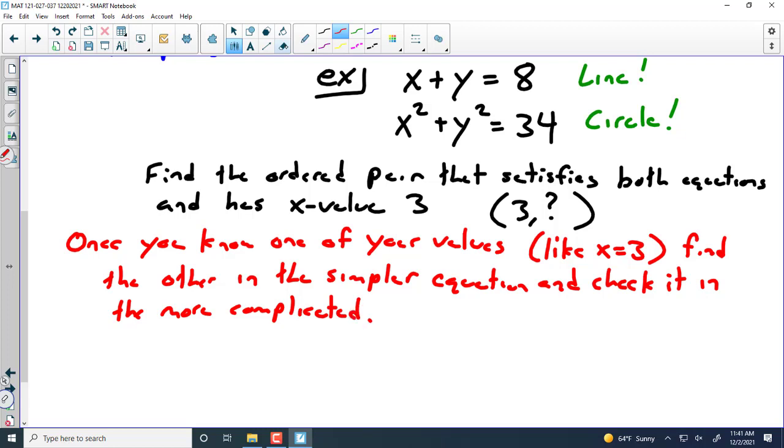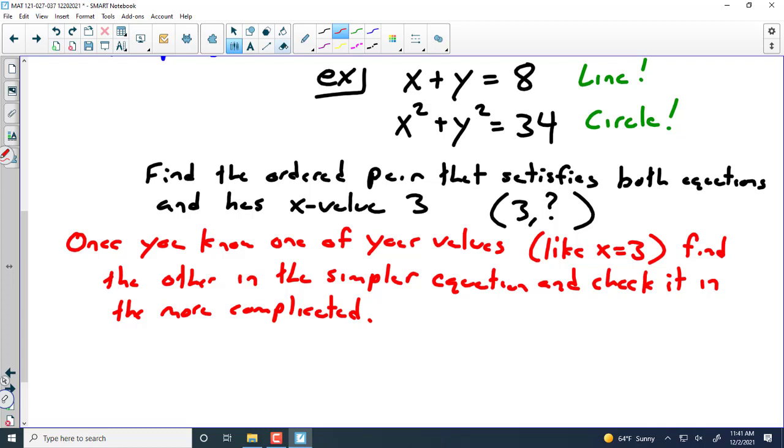That is a tip from Steve, everyone. If you know either the x value or the y value for your answer, the best thing you can do to finish the problem is to use the simpler of the two equations to find the other value and then check it in the other one.